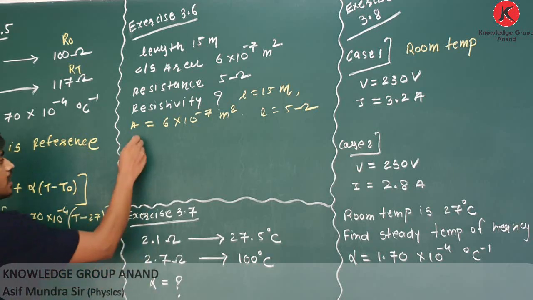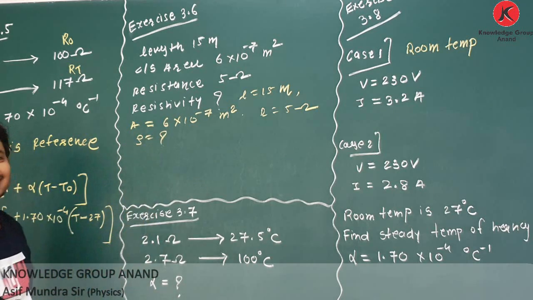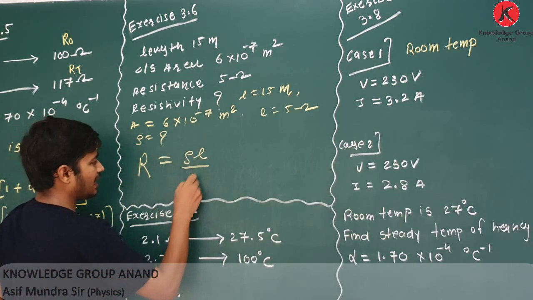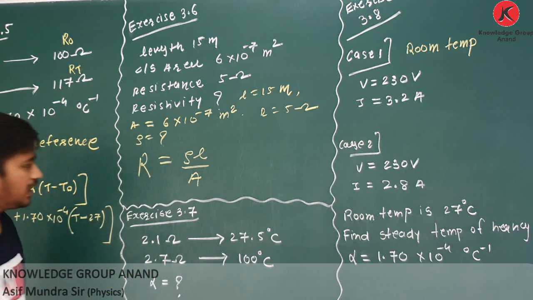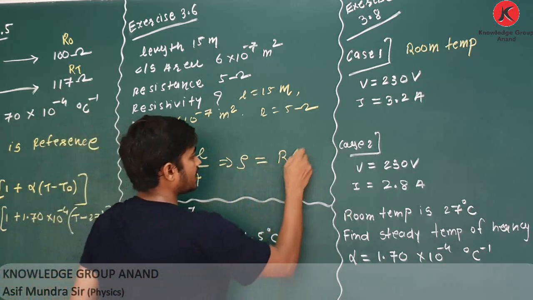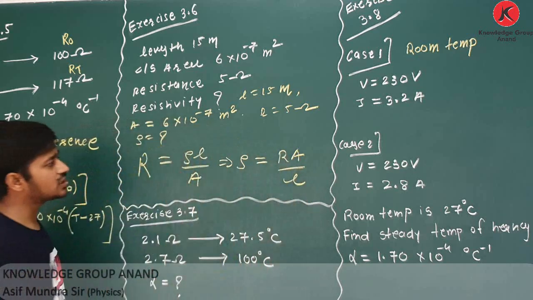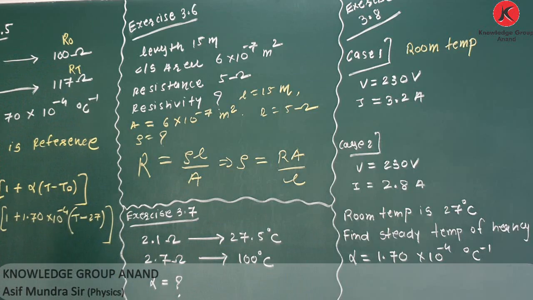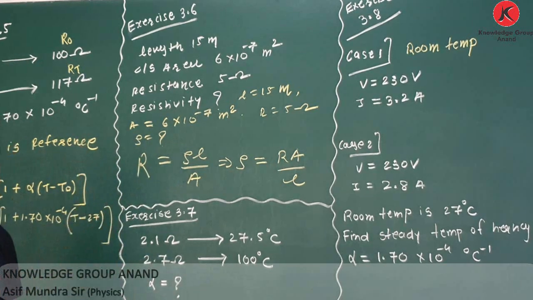Resistivity question mark, rho is equal to C. Easiest question. Yes, you know which equation you have to use. R is equal to rho L upon A. Okay, make rho as subject, then rho is equal to RA upon L. Each and every value you are given. Okay, calculate, use calculator and solve this. Clear?